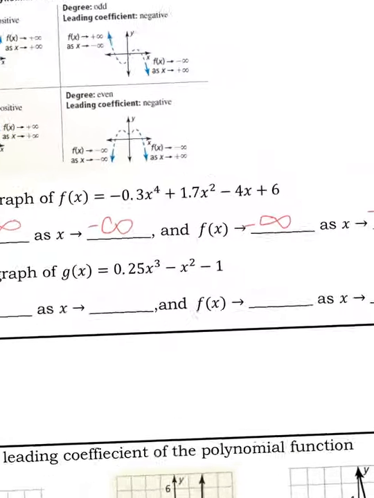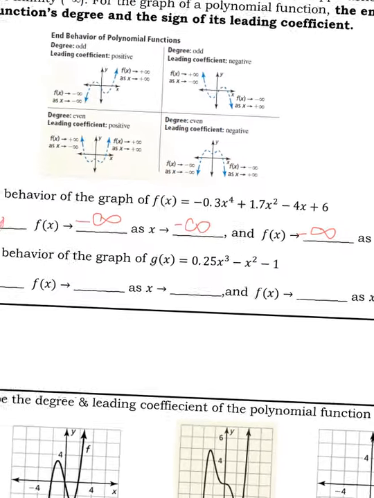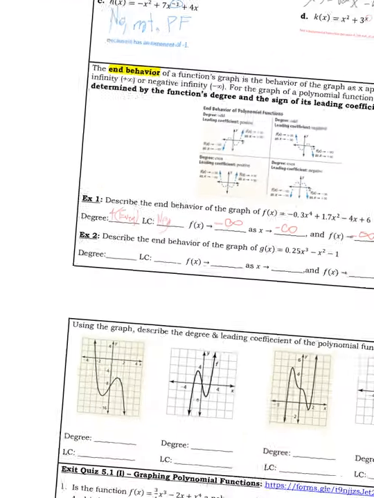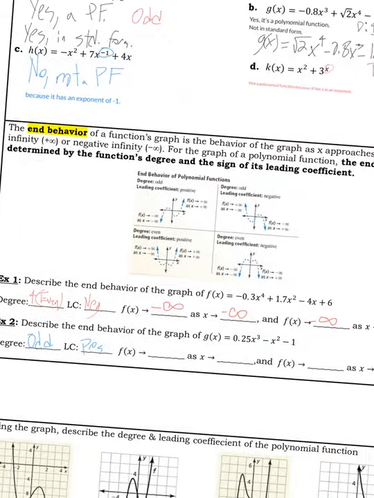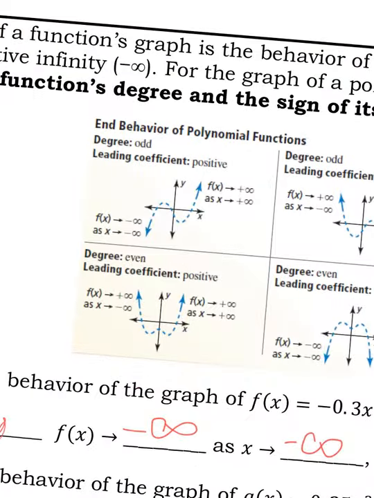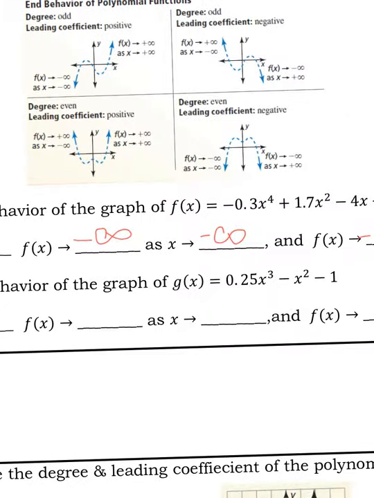So example 2 here, we have a degree that's odd and a 0.25, that's positive. So our degree is odd, and our leading coefficient is positive. So that means we're going to look over here with the odd positive. So the y values are going down as the x values are going left. The y values are going up as the x values are going right.